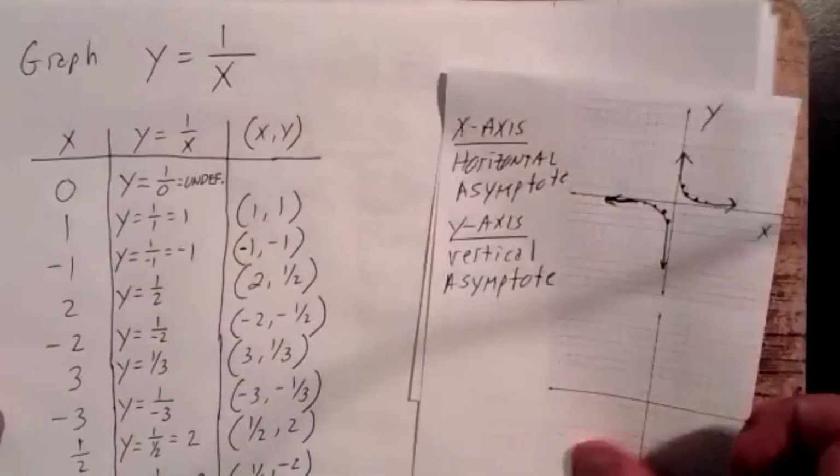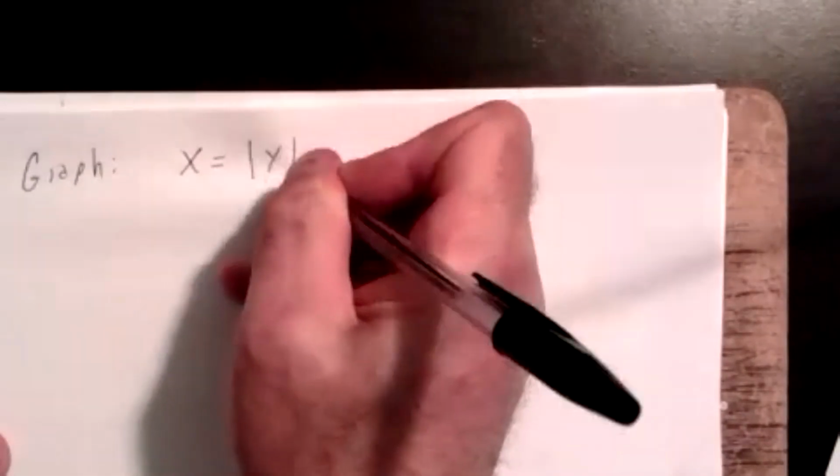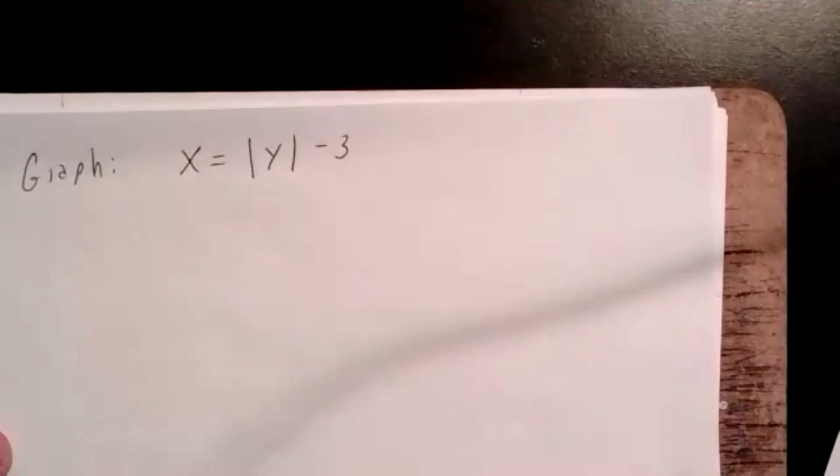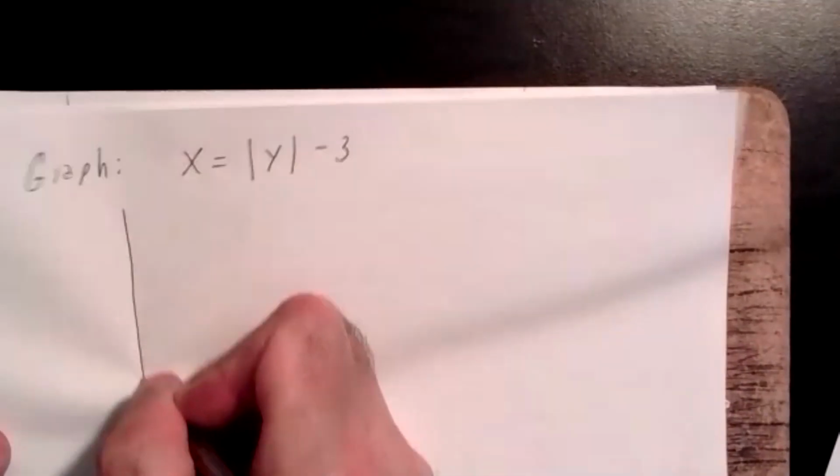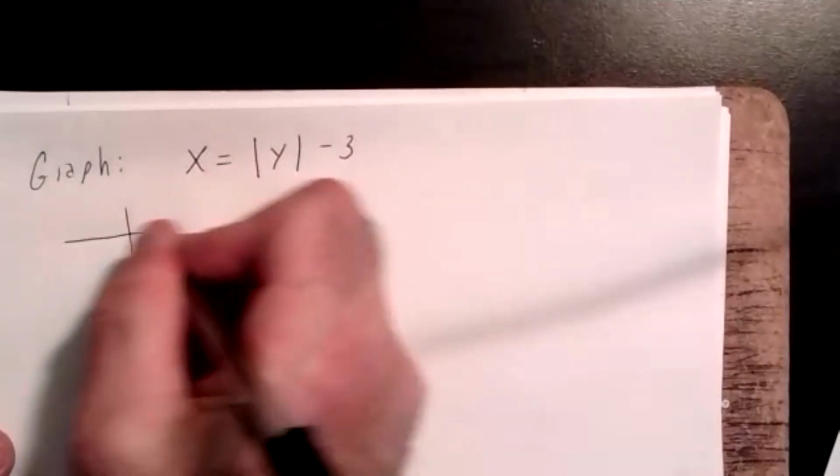Okay, so let's try one more. Let's see if we can graph x is equal to the absolute value of y minus 3. Notice things are turned around a little bit now, ladies and gentlemen. This equation is not solved for y, it's solved for x.